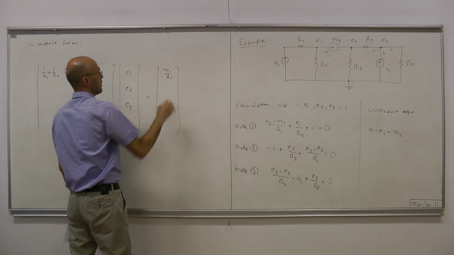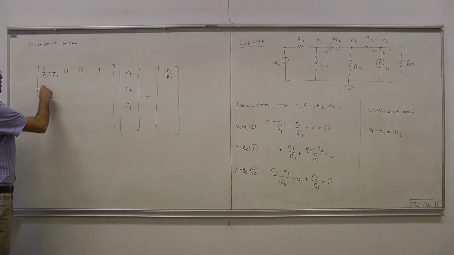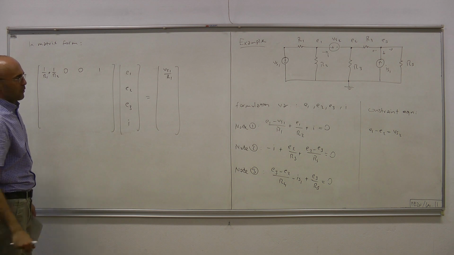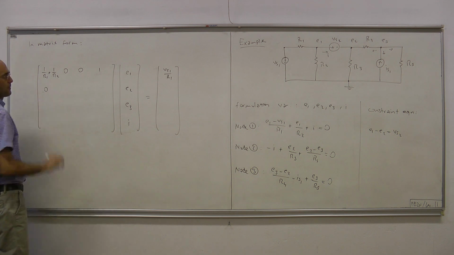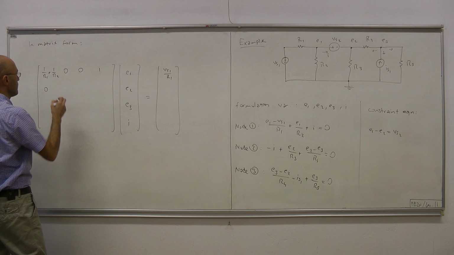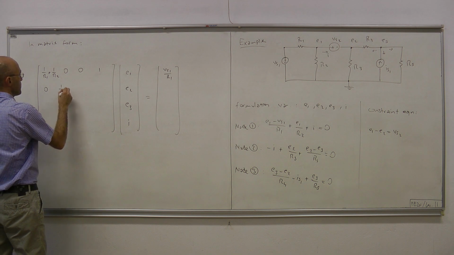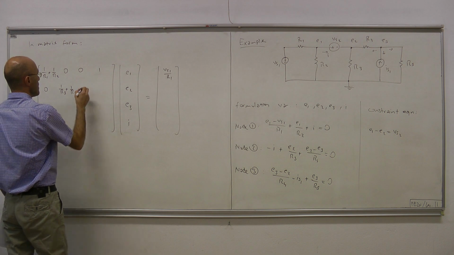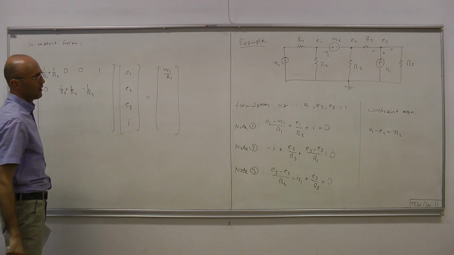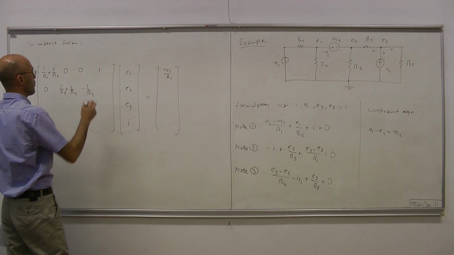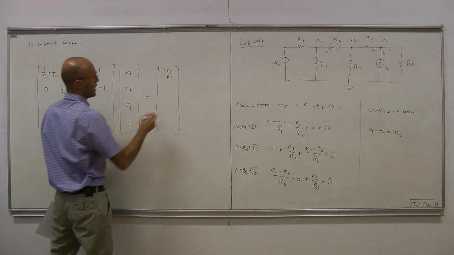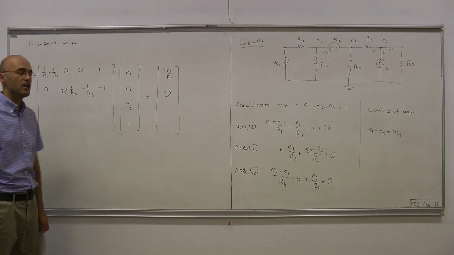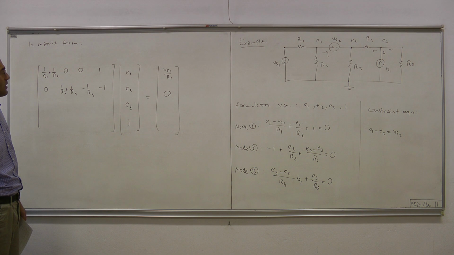For the second row, we look at the second equation. For E1 we have nothing. For E2 we have 1 over R3 plus 1 over R4. For E3 we have minus 1 over R4. And for I we have minus 1, and nothing remains for the right hand side.